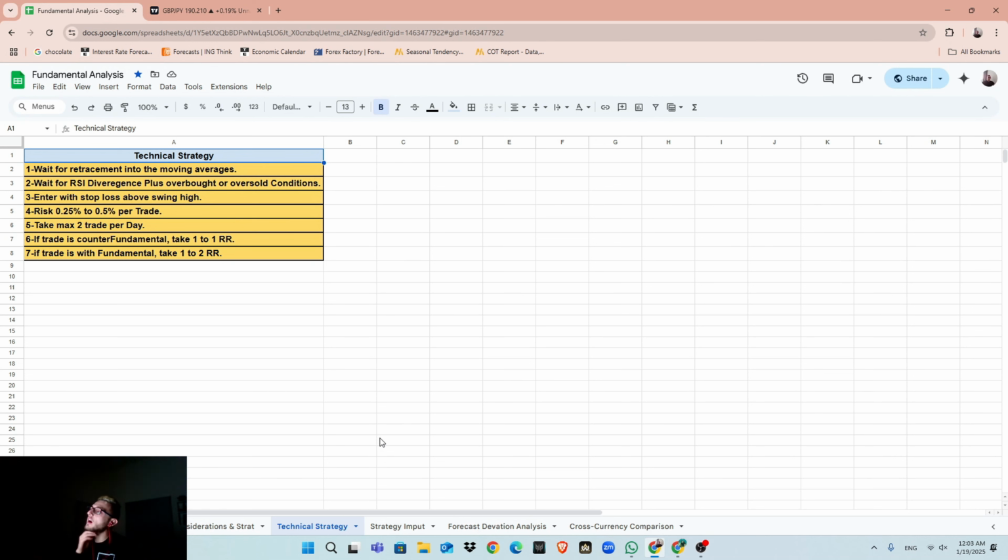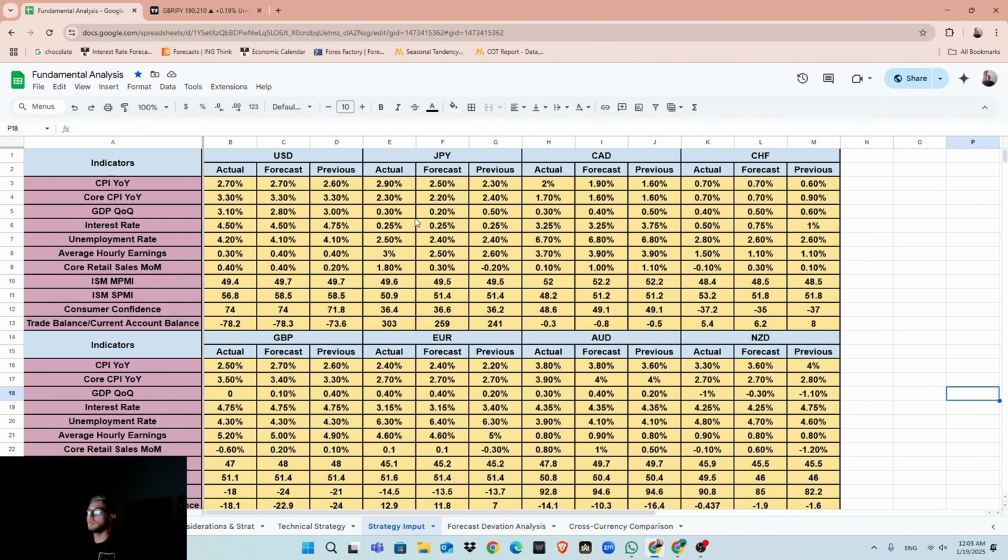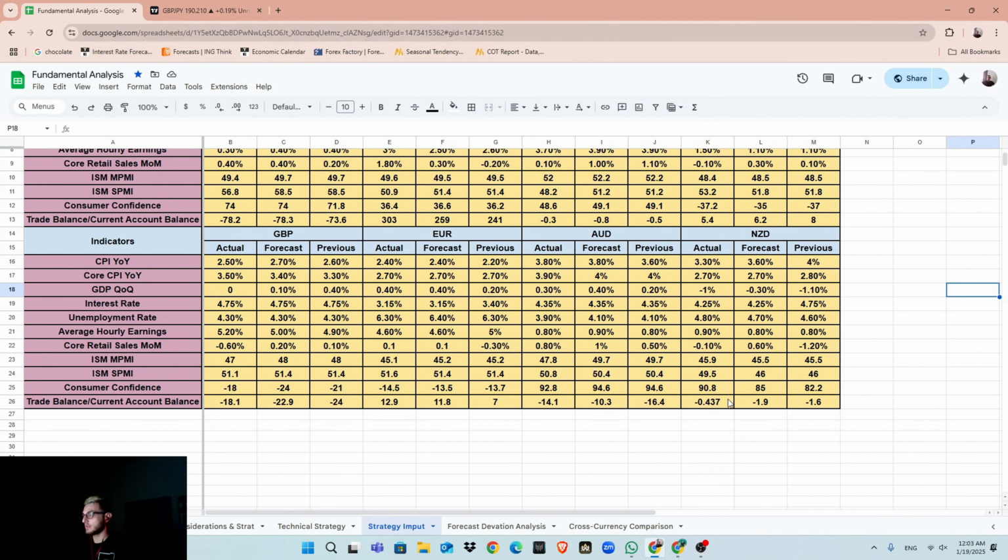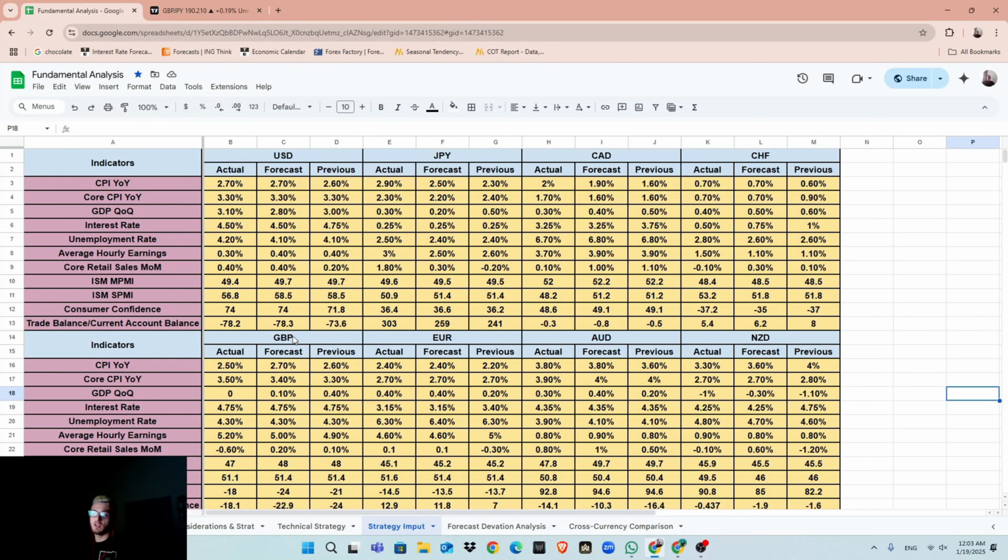Now I upgraded it into another level. So now I have right here all the input data that I need. Hopefully it will be automated later on. Everything will be automated, but this is the data that I cultivate.